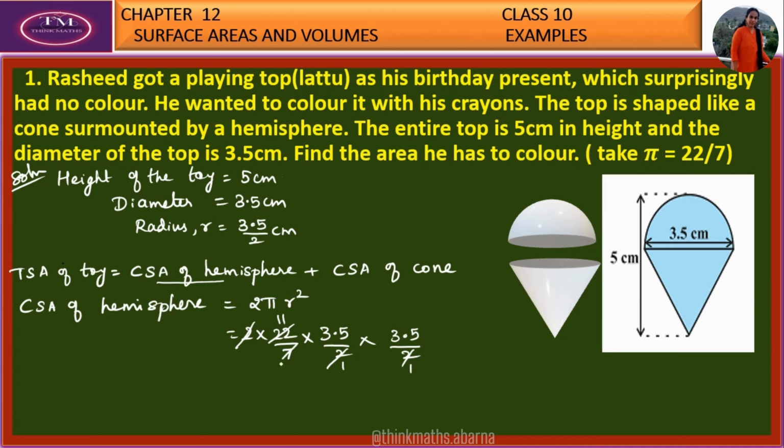Now in the 7 table, 1 7s are 7, here 5 7s are 35, but a decimal is here, so it is 0.5. Now we have 11 into 0.5 into 3.5 centimeter. So just leave it as such. We will get some simplification when we calculate the surface area of the cone on the next page.